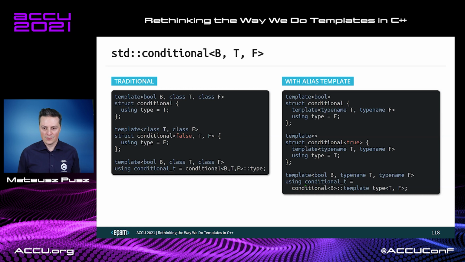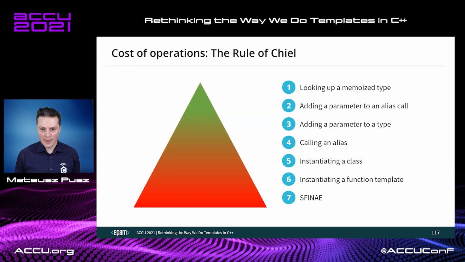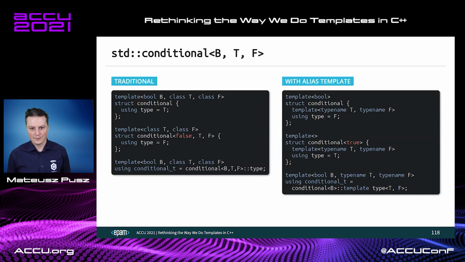It instantiates either this one or this one based on the Boolean expression, and then creates an alias template inside this structure. So we are right now trading the number of class template instantiations for the number of alias instantiations. And we know already that an alias is here, a class template is here. And we are saving performance.